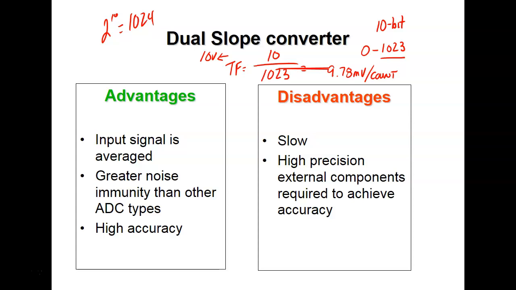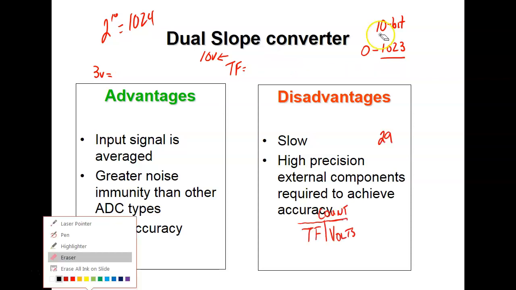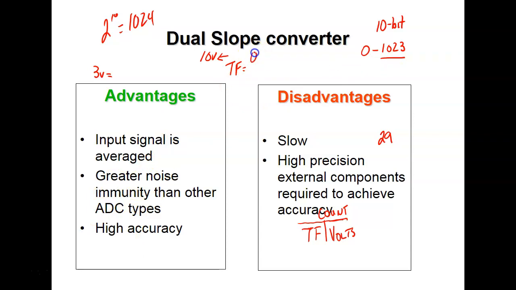So what count would I get out if I brought 3 volts in? What we're doing is we're putting volts in and we're getting count out. It's out over in, right? Out. There you go. Thank you.